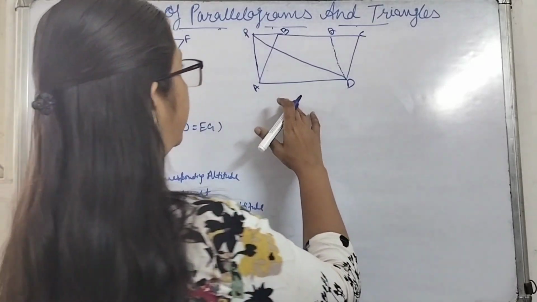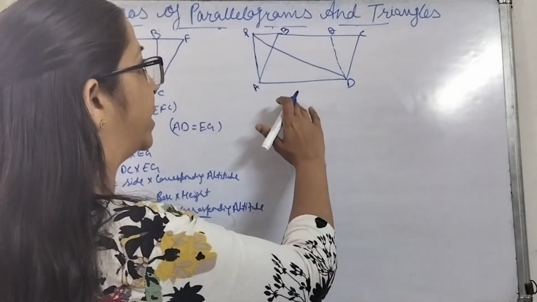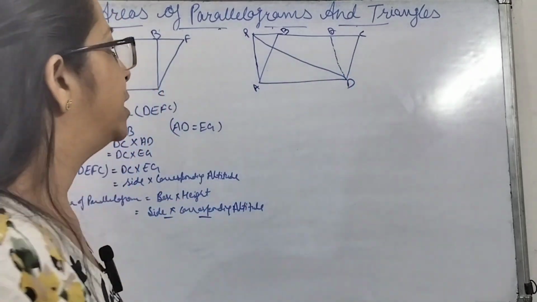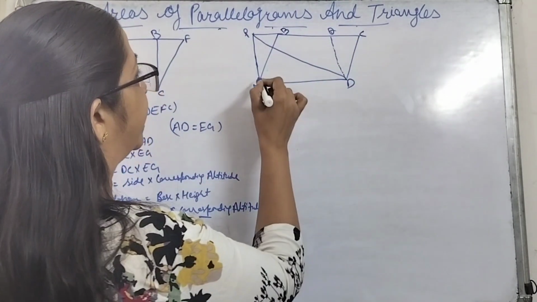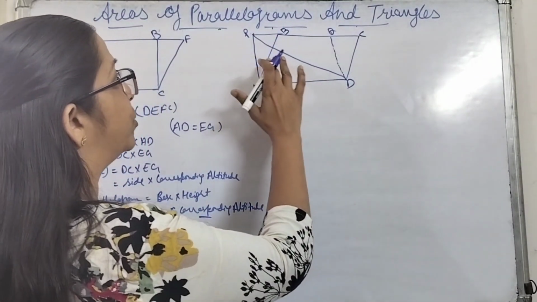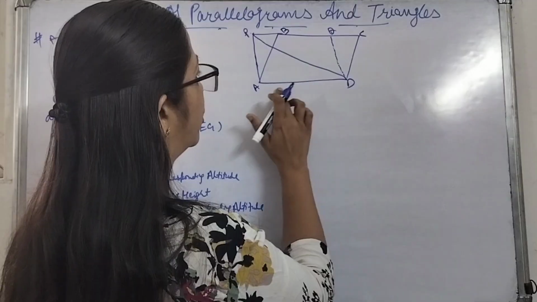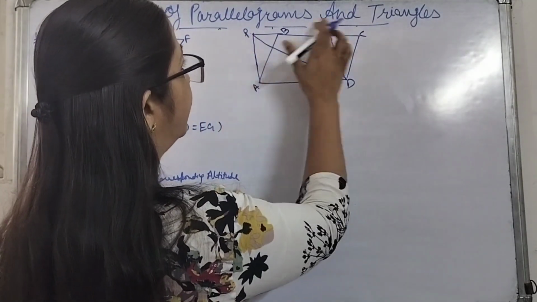Now if we consider a parallelogram and a triangle with the same base and between the same parallels. Suppose ABCD is a parallelogram and APD is a triangle. These two, the triangle and the parallelogram, are on the same base AD and between the same parallels AD and PC.